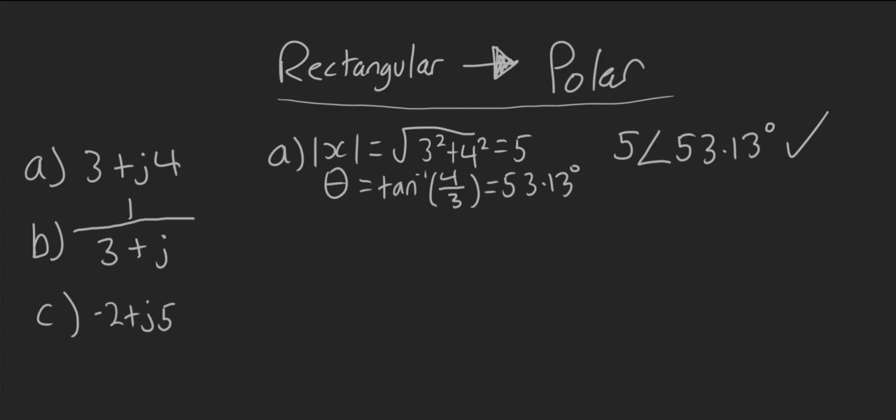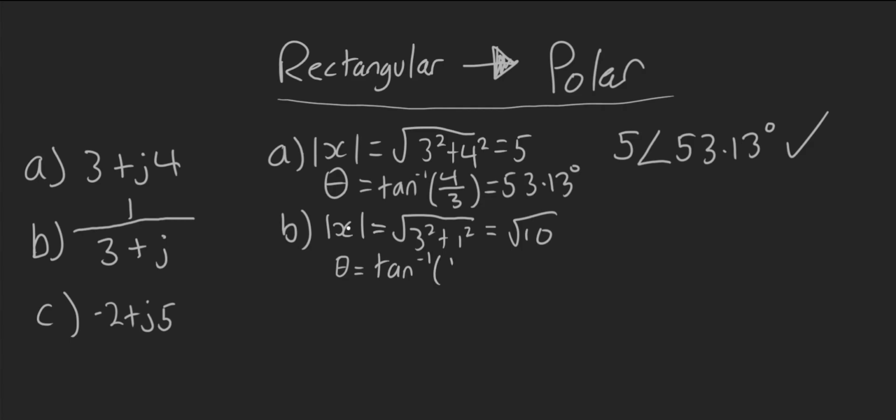And let's start with part B now and find the magnitude for that. So the magnitude here is the square root of 3 squared plus 1 squared, which is equal to square root 10, and the angle is inverse tangent of 1/3 essentially here, and that's equal to 18.44 degrees.